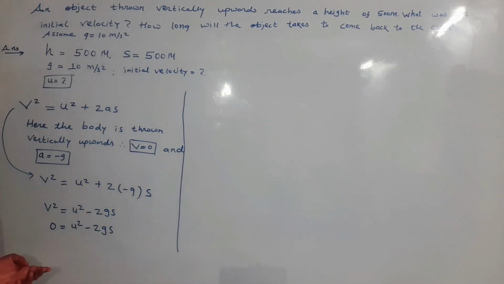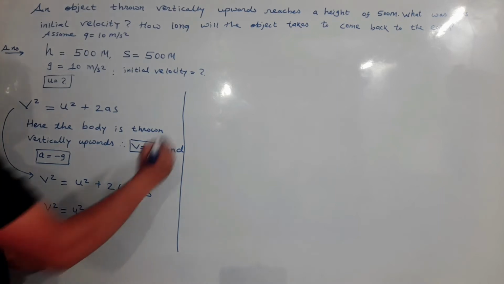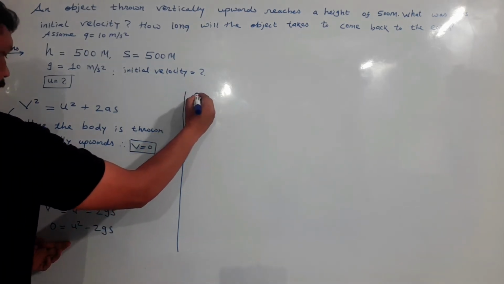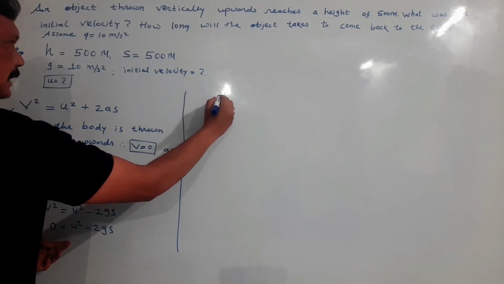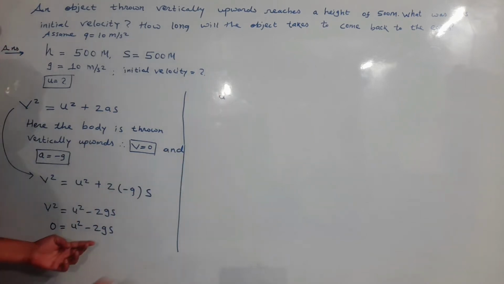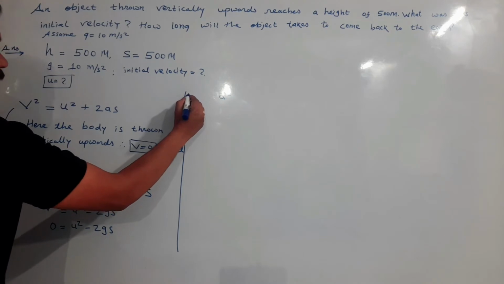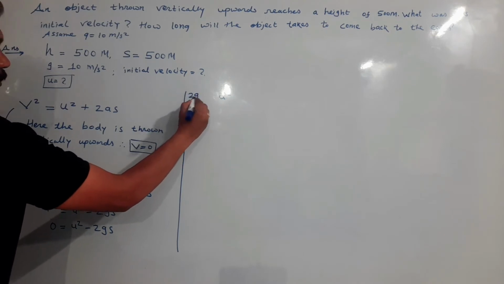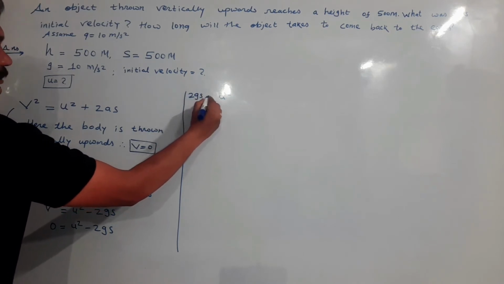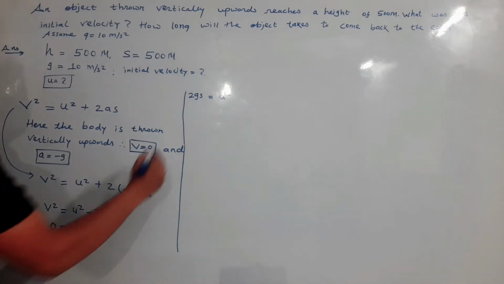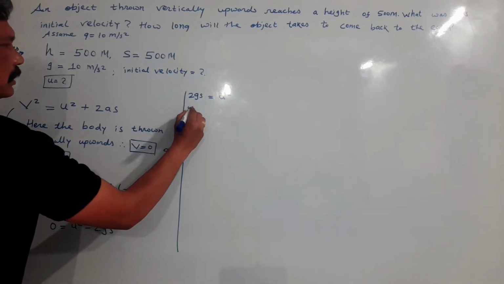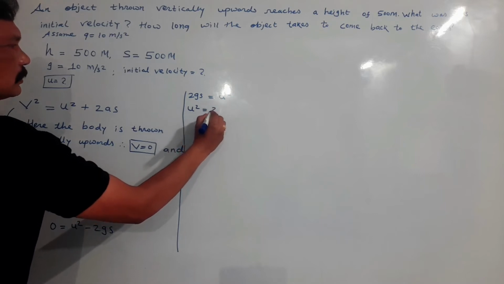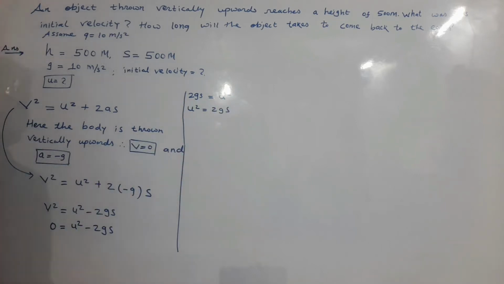So my dear student, here what we will do, we will take u square as it is, and minus twice gs will be taken to the other side of the equation, it will be plus. So here we got the equation u square is equal to twice gs.